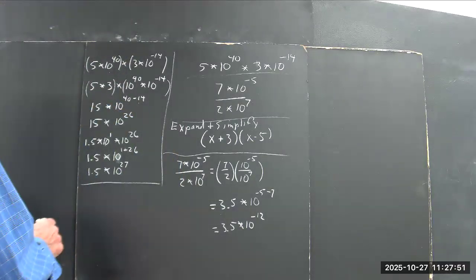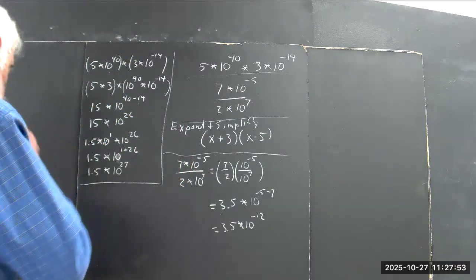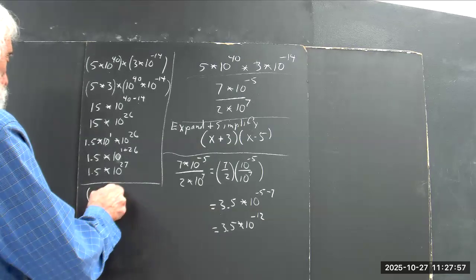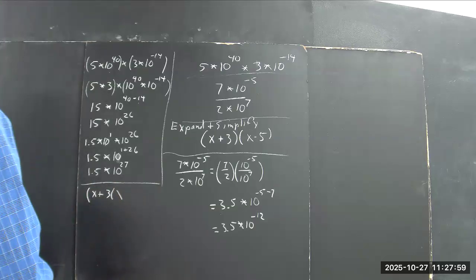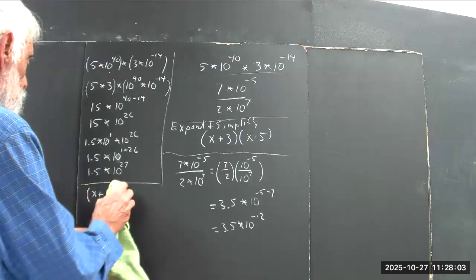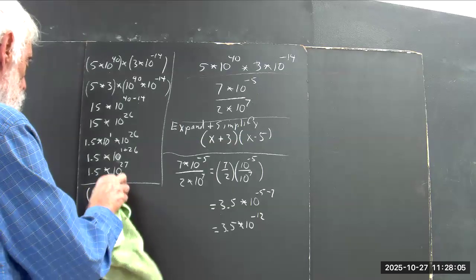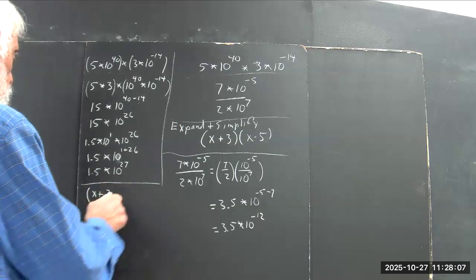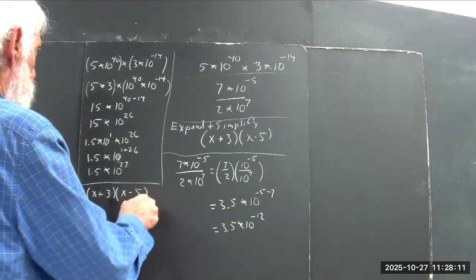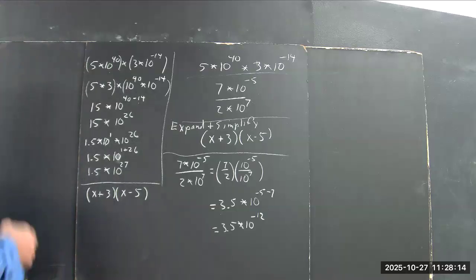Well, actually, I do think I have enough room to expand this expression. And it'd be helpful if I wrote the parentheses in the right direction. Let's try again. Okay.